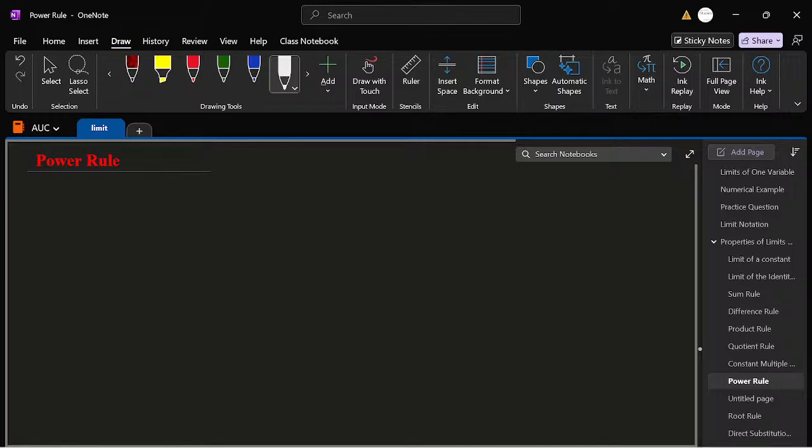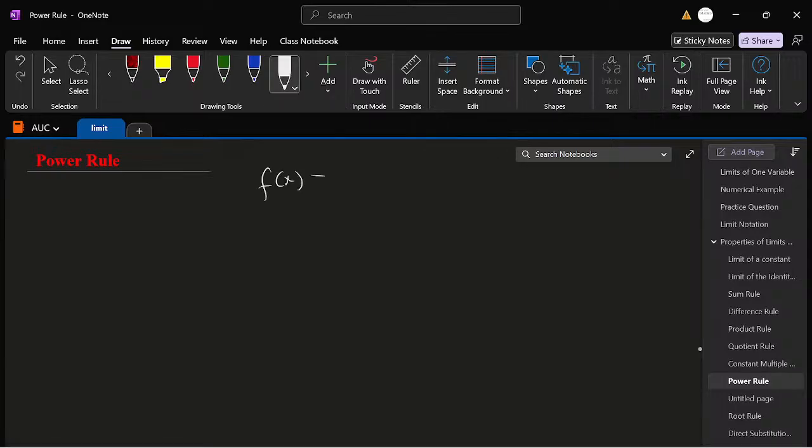Another one will be the power rule. Here f of x will be, let's say, x to the power of 3.